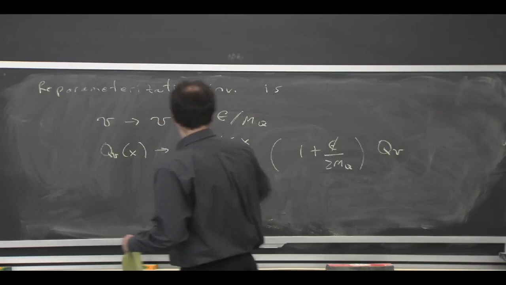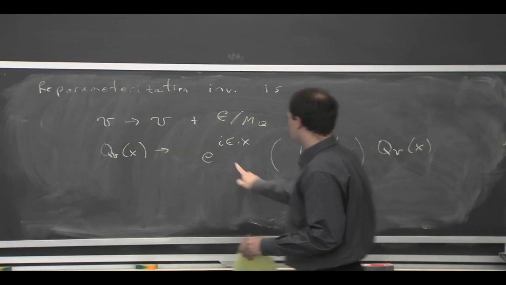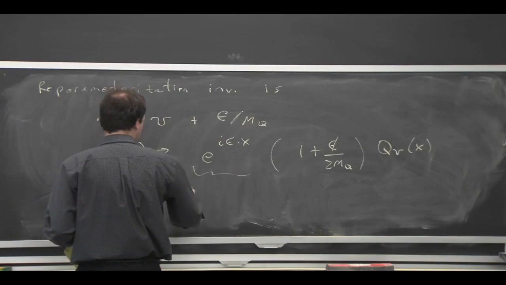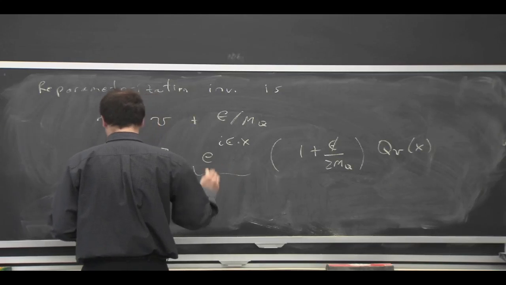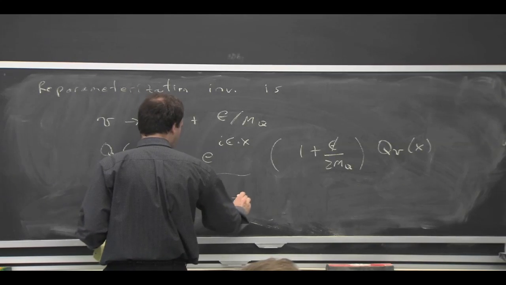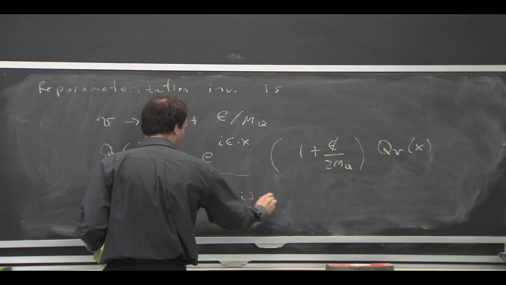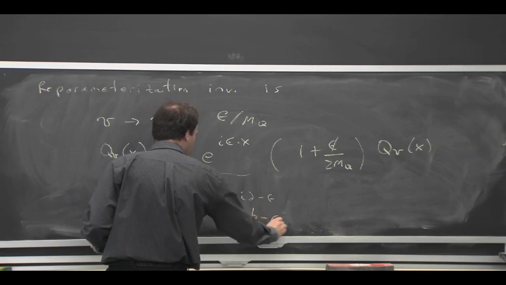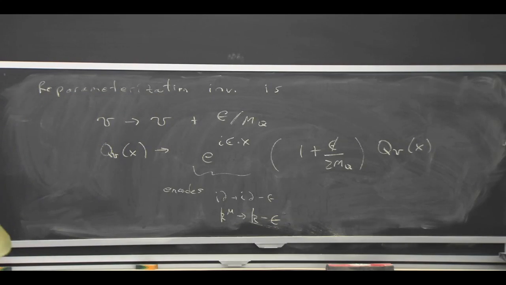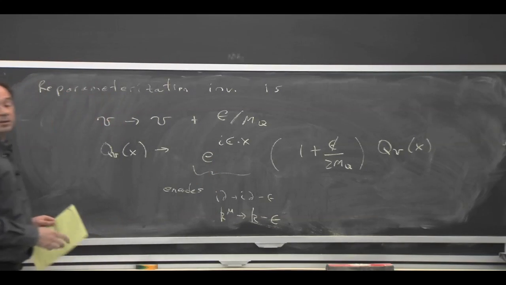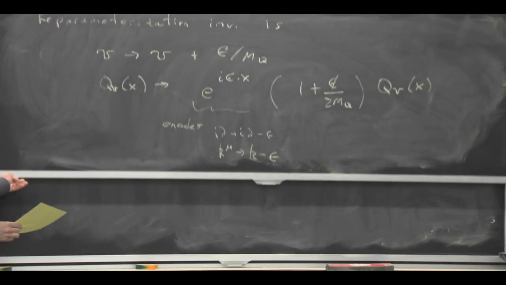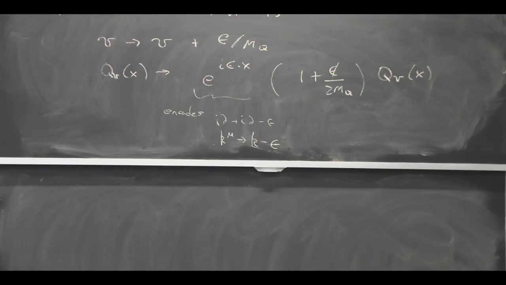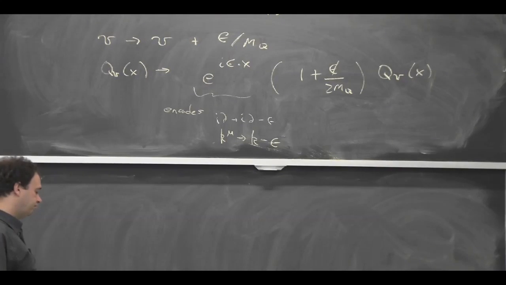And the fact that I take it at x adds one slight wrinkle, and it just gives this extra phase factor. And that extra phase factor is exactly what encodes the change of k. So this, if you like, encodes that derivatives should go to derivatives minus epsilon, or in momentum space that k should go to k minus epsilon. Previously we had a rule for k, but now I've encoded that in this phase. So that's the symmetry that we should look into.